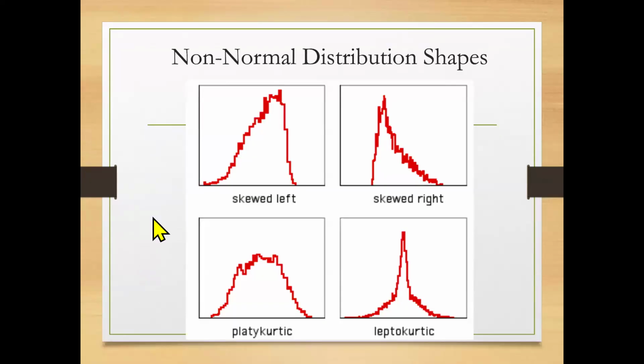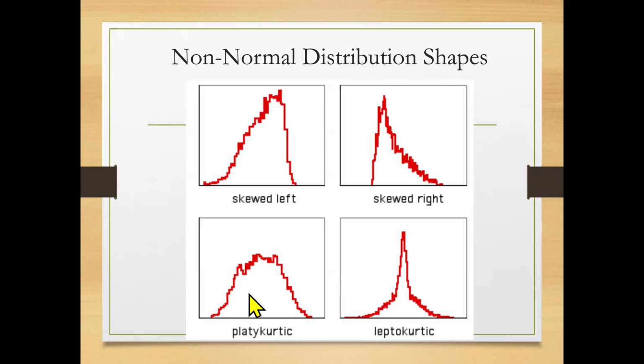All right, so here's what our non-normal distribution shapes are going to look like. If it's skewed to the left, it has a tail with a less steep slope on its left-hand side. If it's skewed to the right, we'll typically see a long tail to the right.